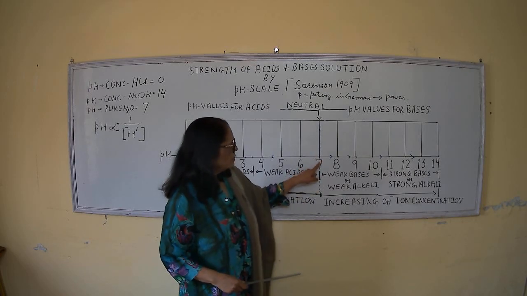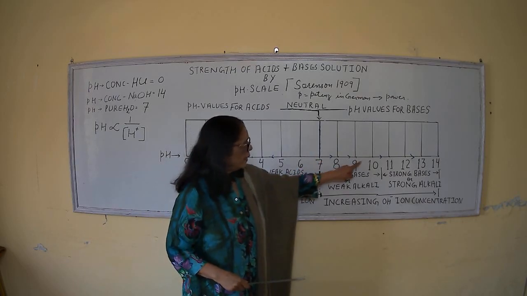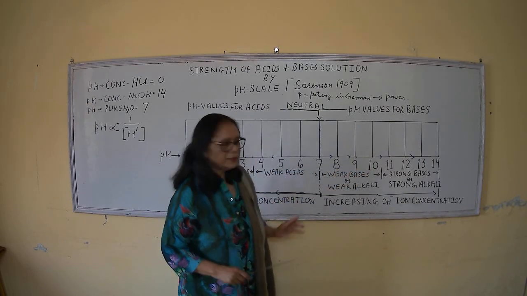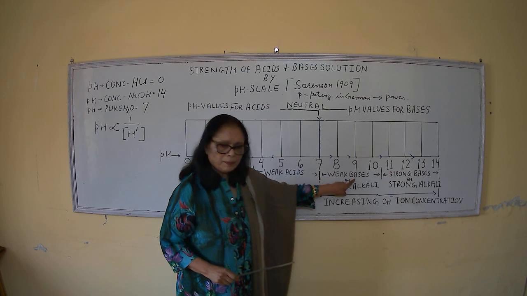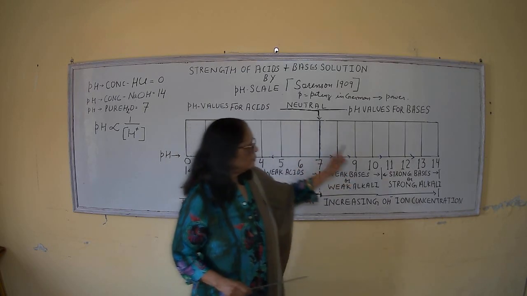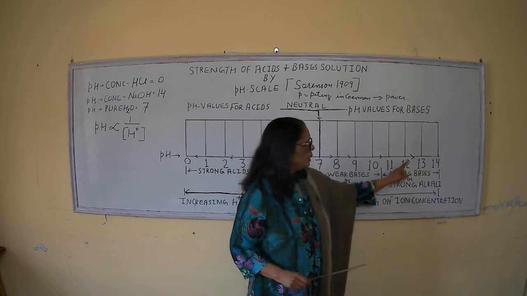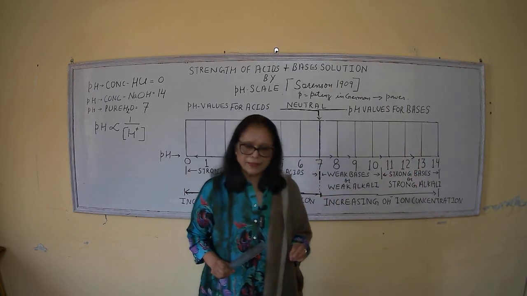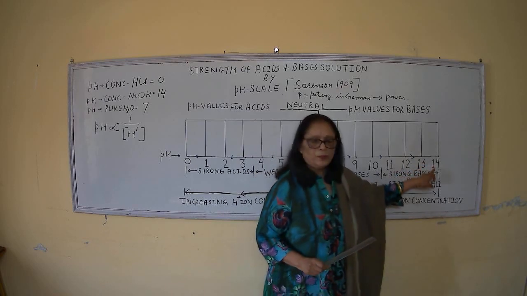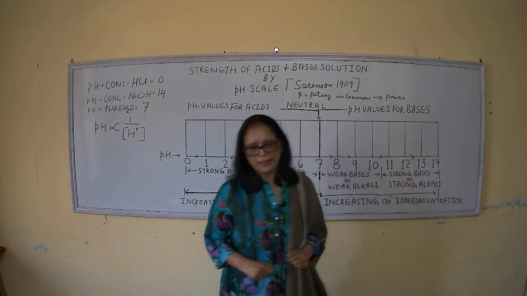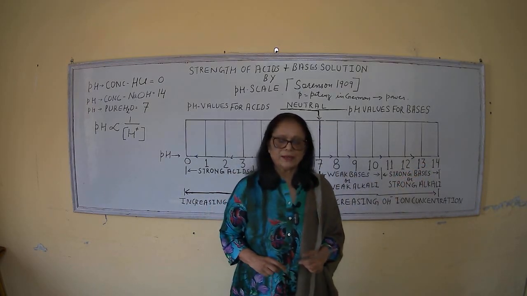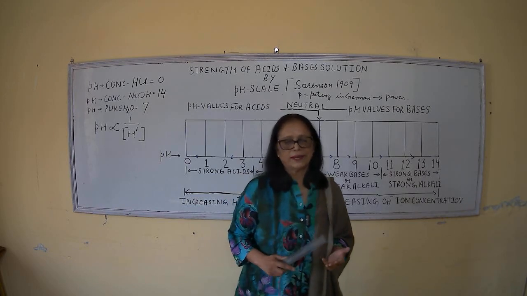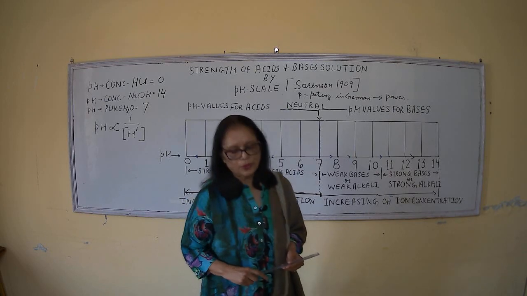So starting from 7 to 8, 9, 10 and a half pH value, all the solutions will be weak bases, and from 10 and a half to 11, 12, 13, 14, all the solutions are strong bases. At pH value 14 is the strongest base, sodium hydroxide, potassium hydroxide, concentrated sodium hydroxide.